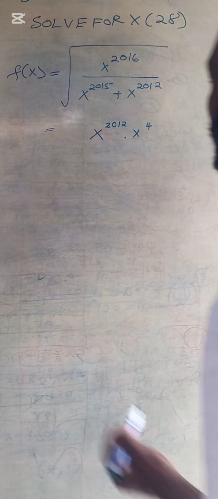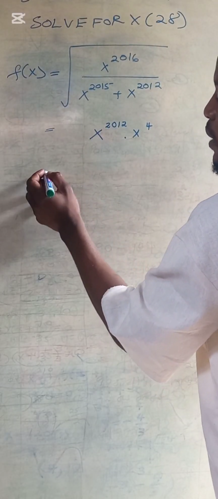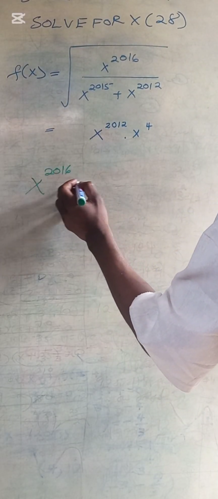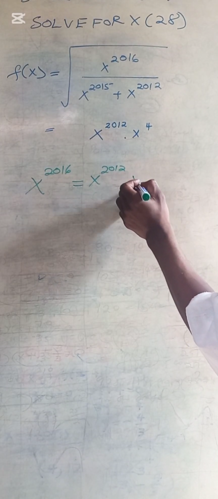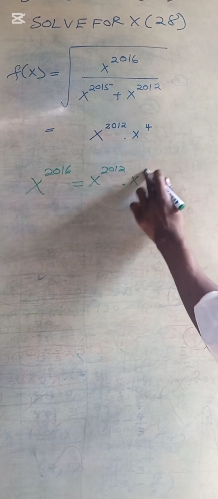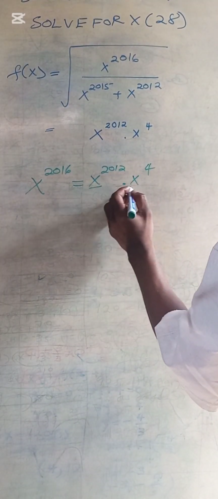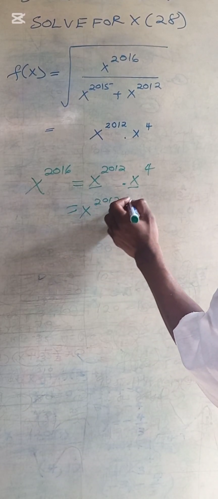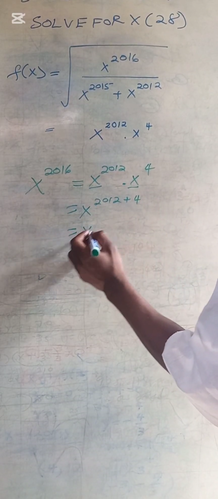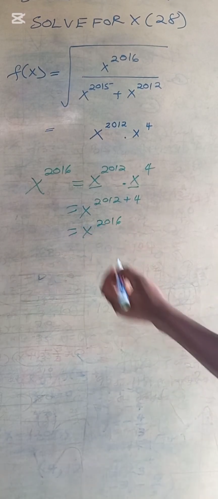So x to the exponent 2016 is equal to x to the exponent 2012 multiplied by x to the exponent 4. Multiplying powers of the same base, we add the exponents, 2012 plus 4. Therefore, this is x to the exponent 2016.